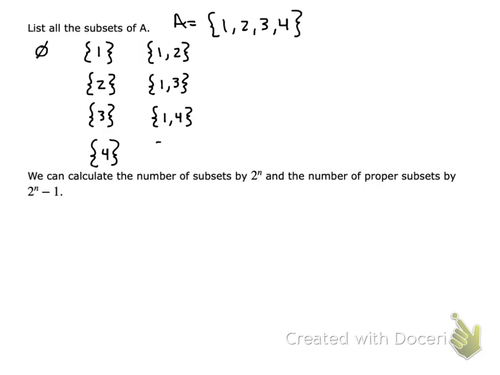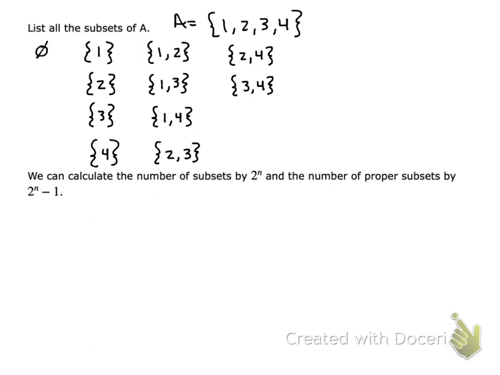I could have a subset of 2 and 3. I could have a subset of 2 and 4. I could have a subset of 3 and 4. Those would all be subsets that have 2 elements in them. They're all still subsets of A.